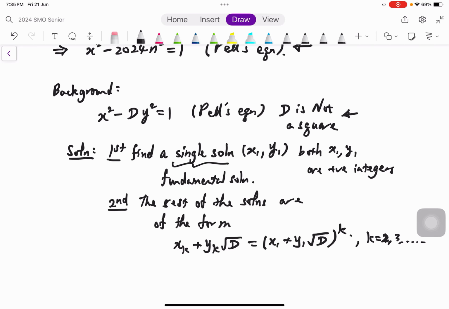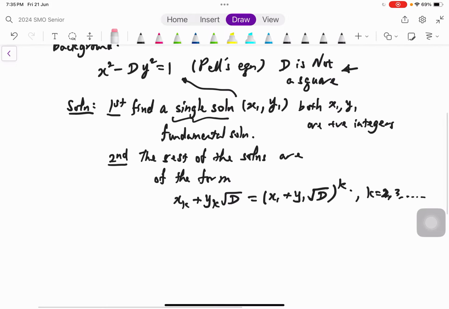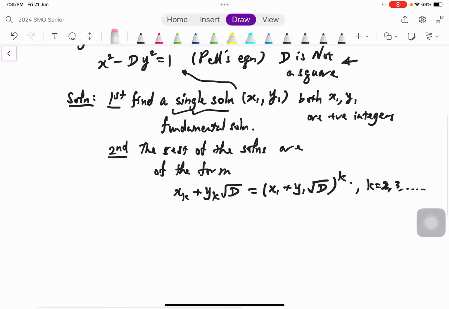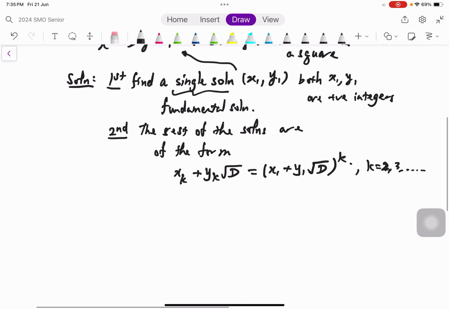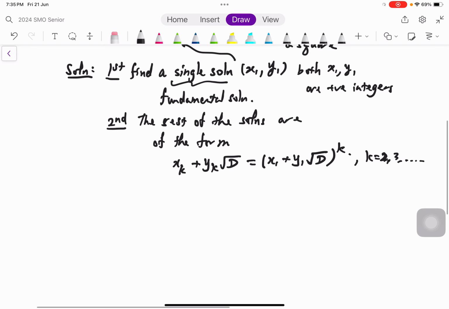First, you find a single solution, whereby your x1, y1 satisfy this Pell equation, where both x1 and y1 are positive integers. Then the rest of the solutions are generated by this form: x_k plus y_k square root d is equal to x1 plus y1 square root d, bracket to the power k, where k is 2, 3, 4, and so on.